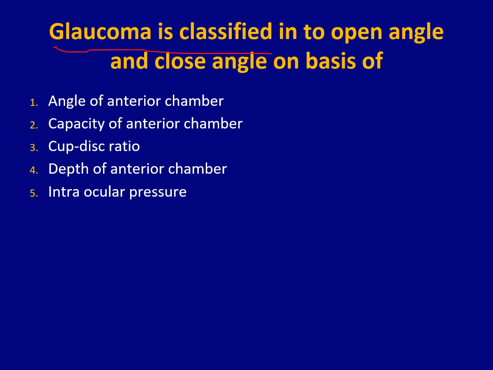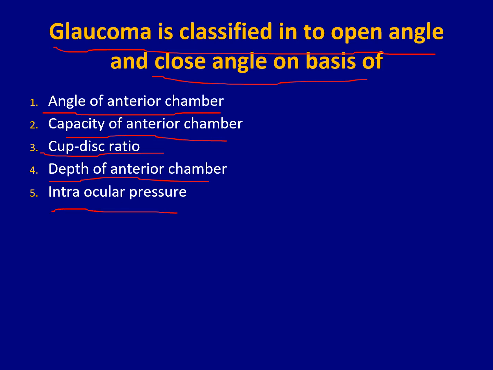Glaucoma is classified into open angle and closed angle on the basis of. It's a very basic answer and very basic thing to understand. So the options are angle of anterior chamber, capacity of anterior chamber, cup disc ratio, depth of anterior chamber, or intraocular pressure.